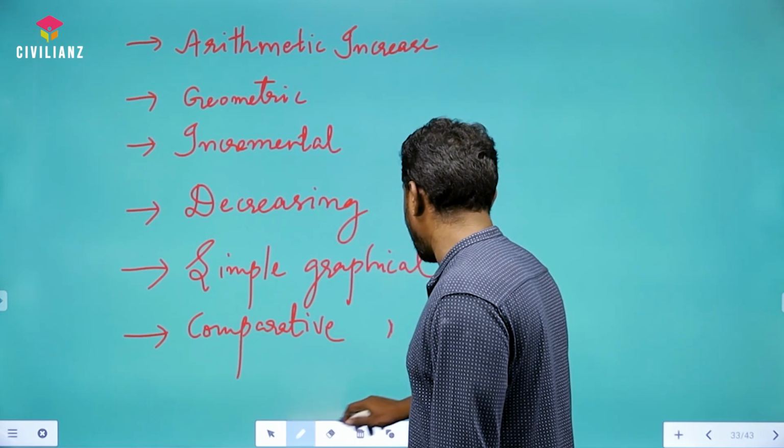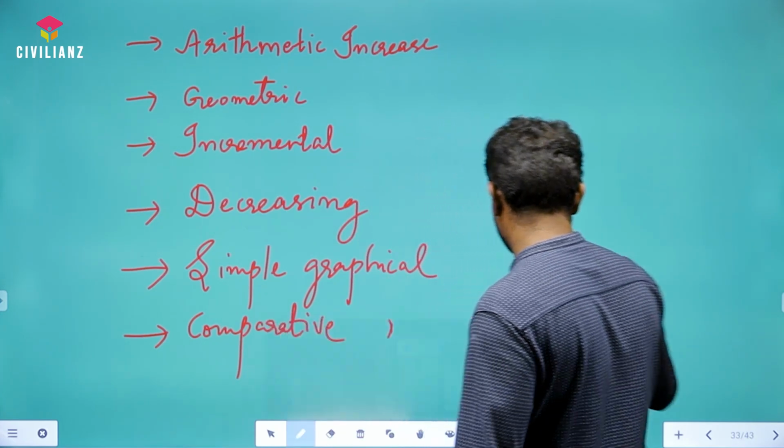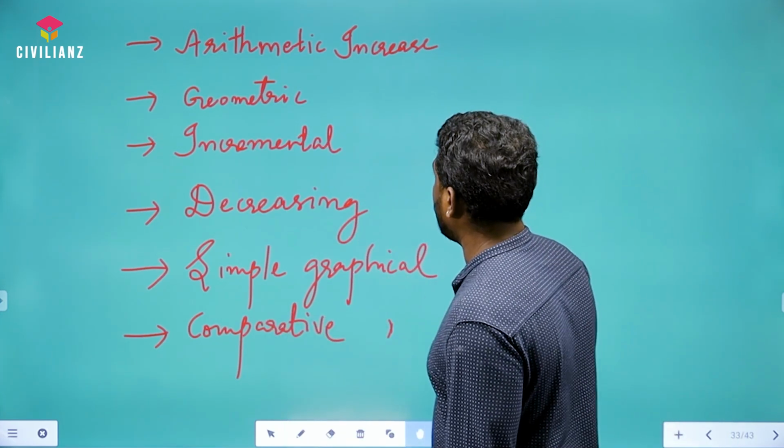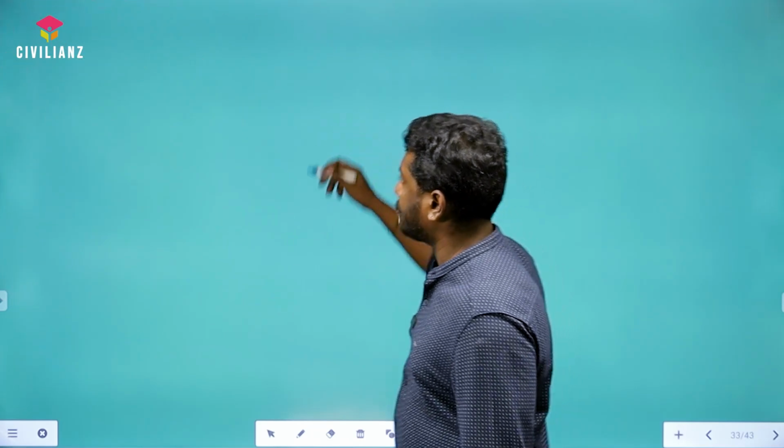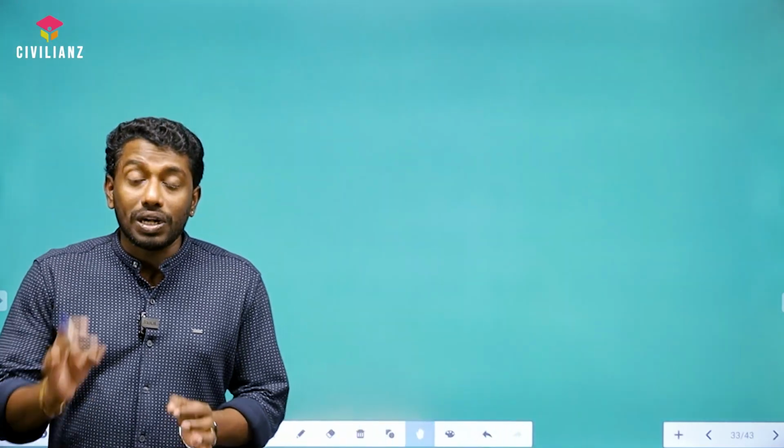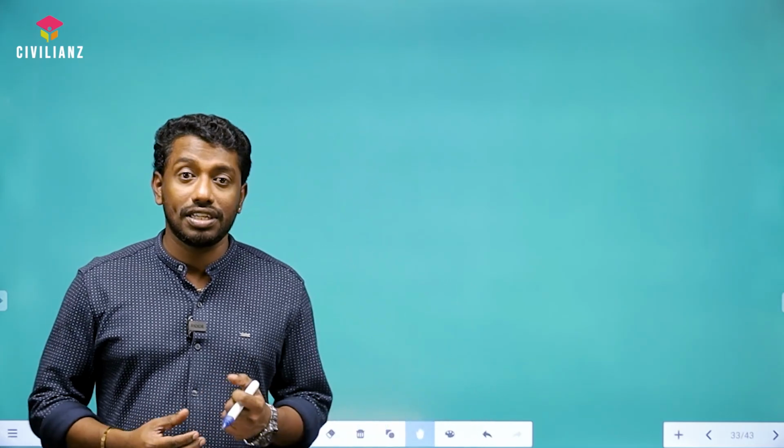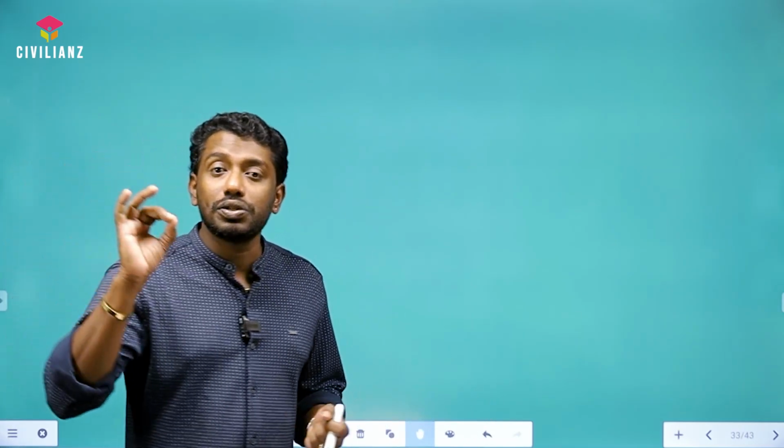Let's begin with the arithmetical increase method. One thing you must remember, we cannot randomly select a population forecasting method and apply it over a city. Each city has some specific characteristics, and based on those characteristics, we have to find the forecasting method best suited for the city.